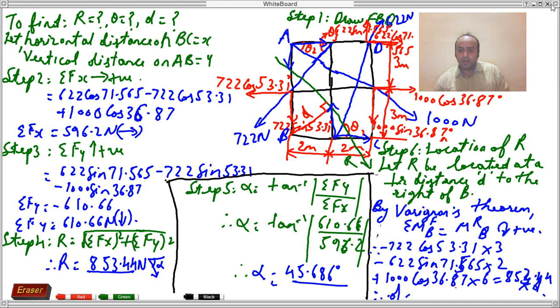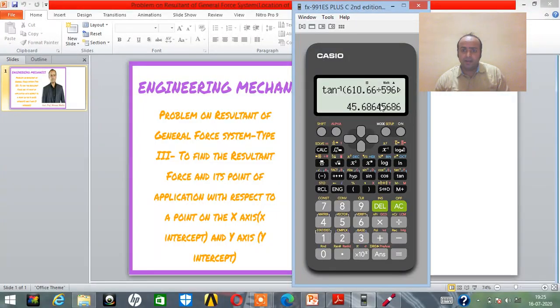Let's calculate quickly. So I will be writing over here minus 722 cos of 56.31 into 3, minus 622 sine of 71.565 into 2, plus 1000 cos of 36.87 into 6.